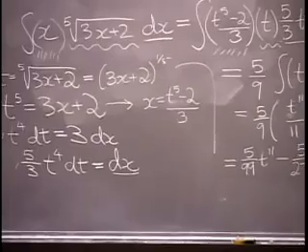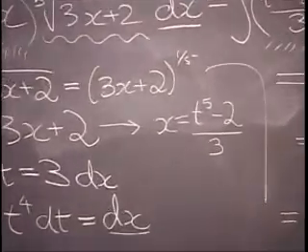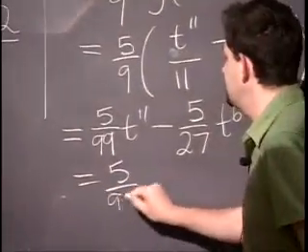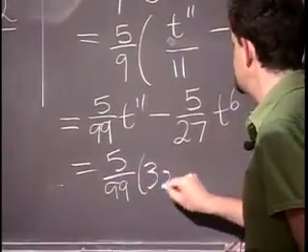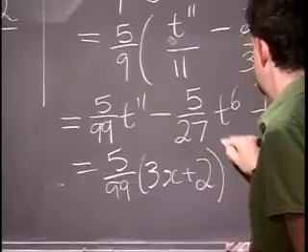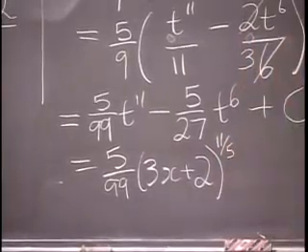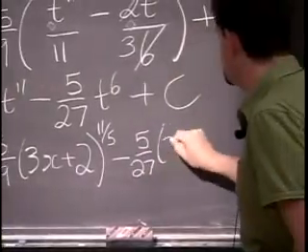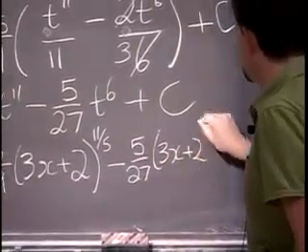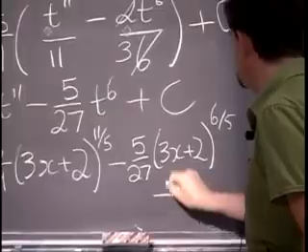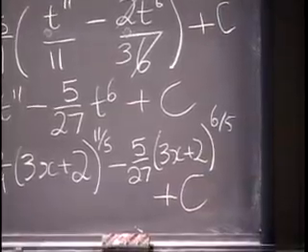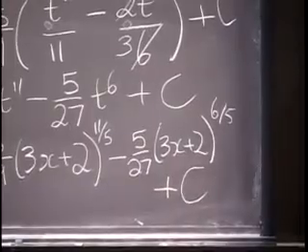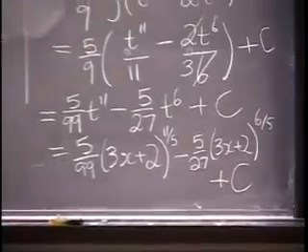After all, a fifth root is a 1/5 power, and if I do that, then I can replace this by 5/99 times 3x plus 2 to the 11/5 minus 5/27 times 3x plus 2 to the 6/5 plus constant. Any questions? Shout them out if you have.